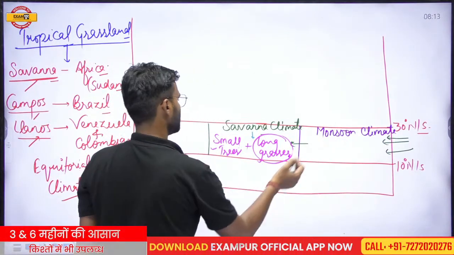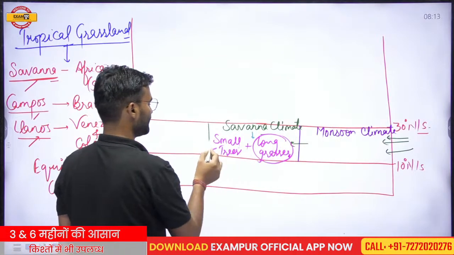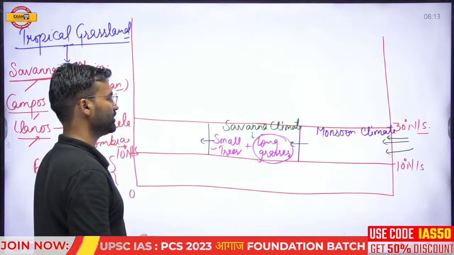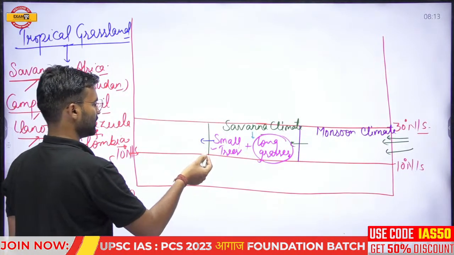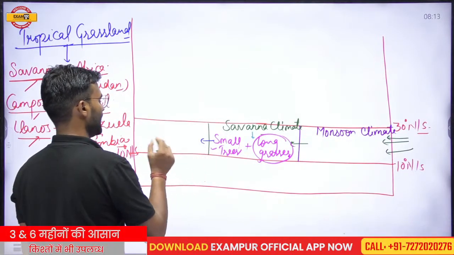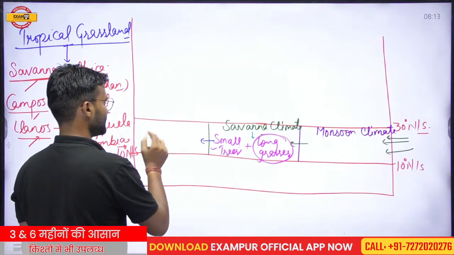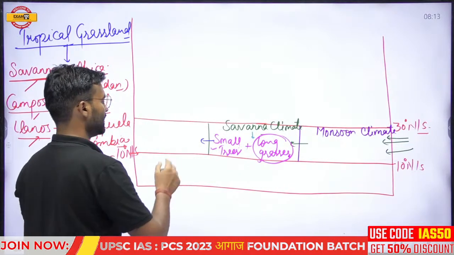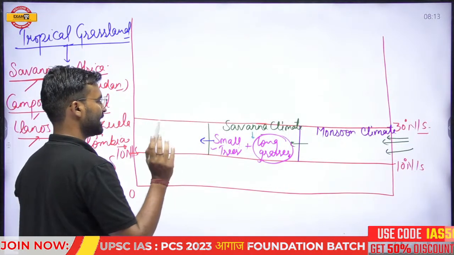When this moisture-laden monsoon wind crosses this section of the continent and arrives at this margin of the continent, the western margin between 10 degrees and 30 degrees, then this wind is completely dried up.